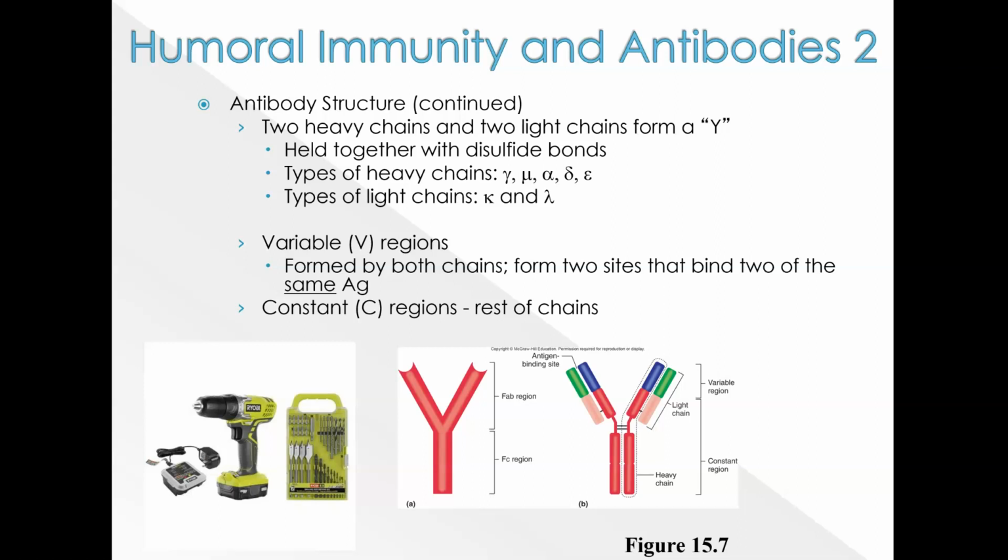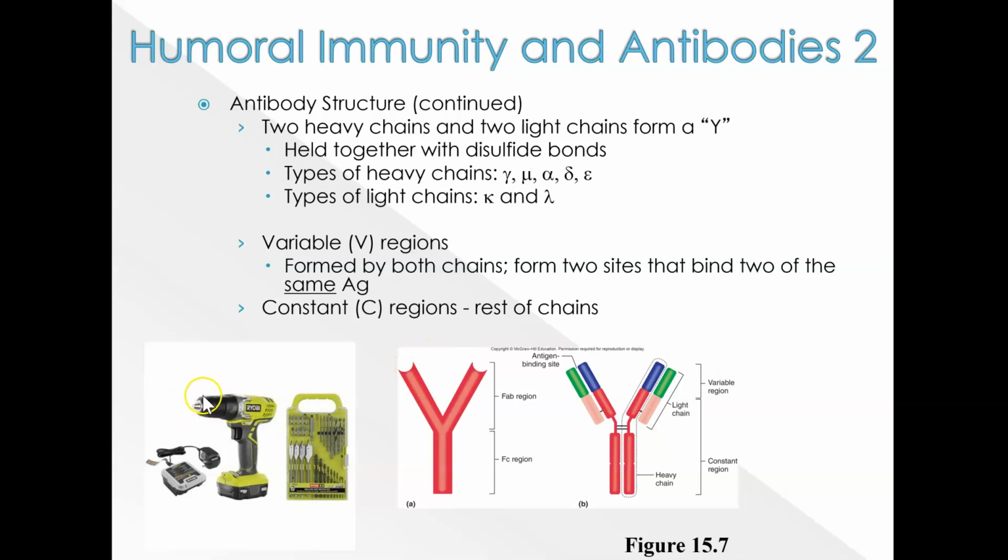I think of antibodies as a kind of interchangeable tool. On one end, if you think about a drill, the drill bit end, goodness, how many different adapters are there for a drill bit, right? Hundreds, right? Well, it turns out that antibodies have billions of different combinations.